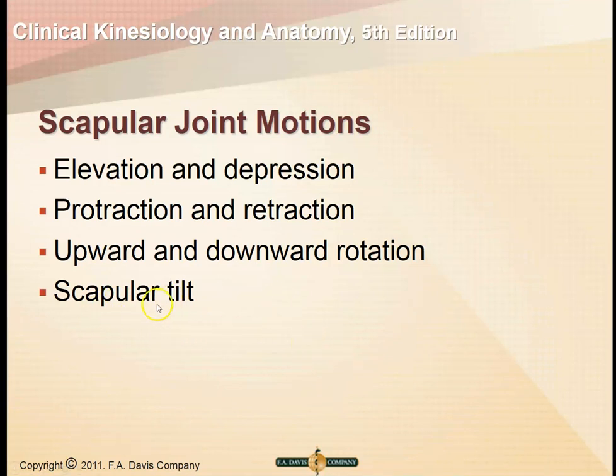You can also observe some scapular tilt. Typically this will occur when the shoulder is in hyperextension. So if you're extending the arm posteriorly, the superior portion of the scapula should still tilt anteriorly, and the inferior portion should tilt posteriorly.